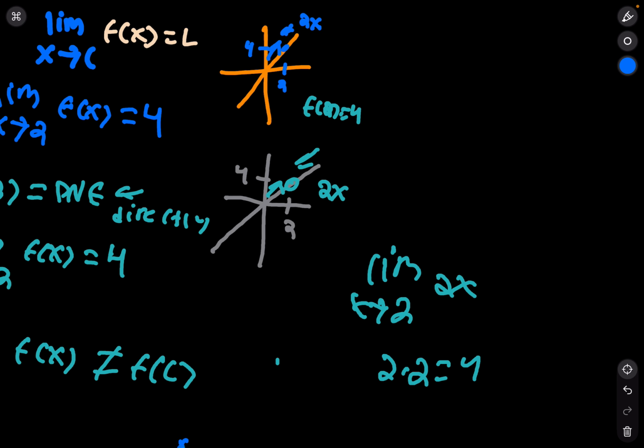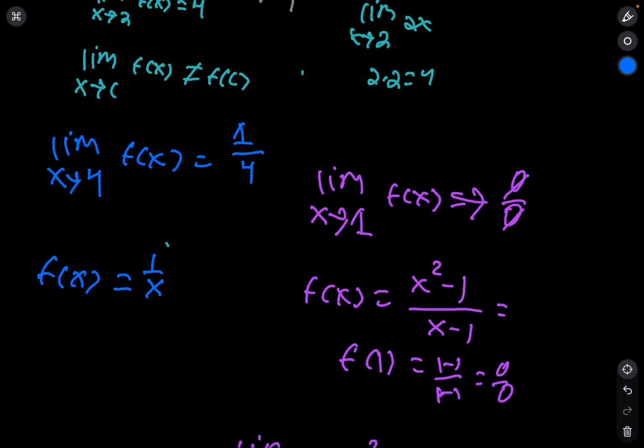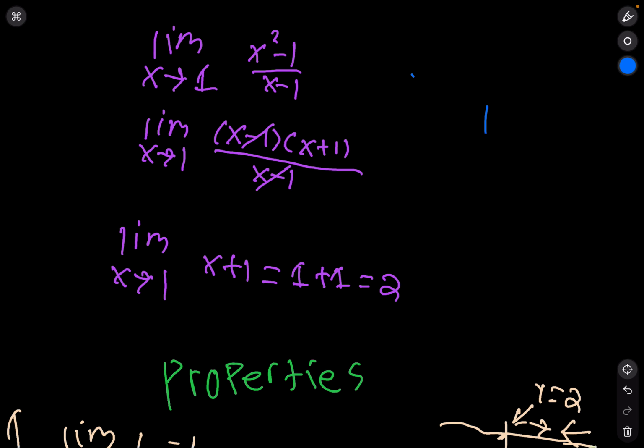You can see how in the function 2x, both the left and the right limits are going to the same thing, 4. Or if you really want to be fancy, you could also go to my x plus 1. If you were to draw it out graphically, you can see that both limits, just like the linear function I showed you before, as x approaches 1, this will be 2.